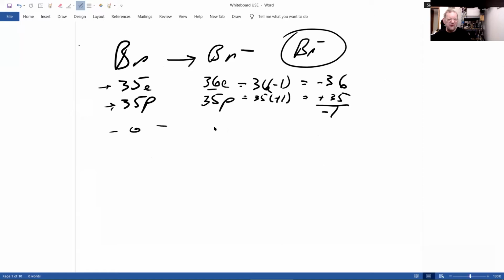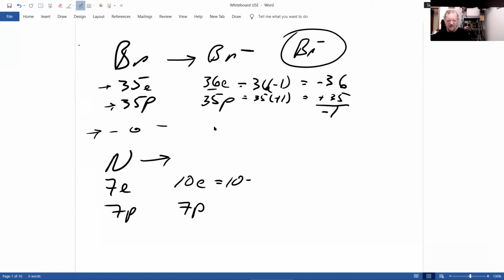By the way, this is a symbol I picked up somewhere, meaning the end of this problem. So nitrogen has 7 electrons, 7 protons. It wants to go to the same number of electrons as the nearest noble gas, neon, and that's 10, but it will still have the same number of protons. Each electron is a -1 charge.